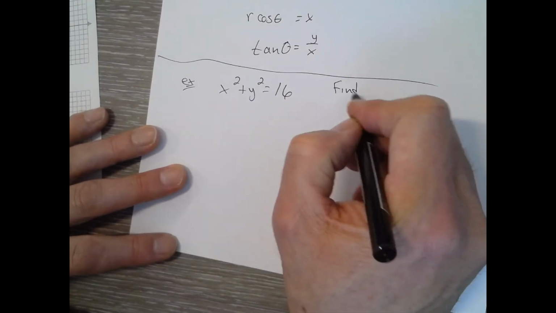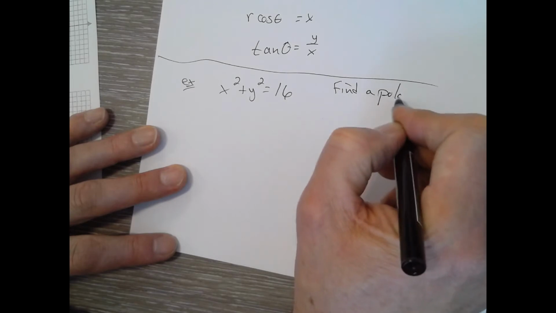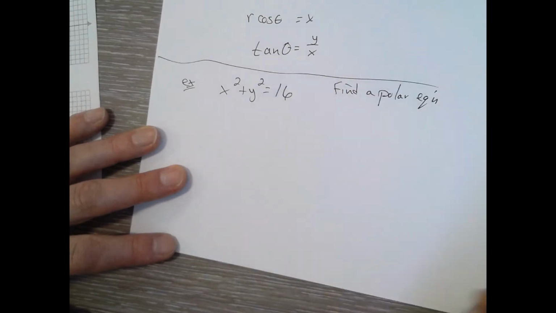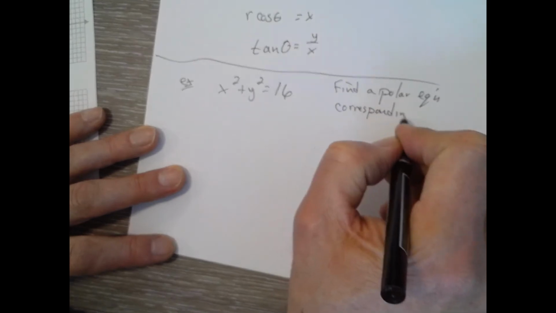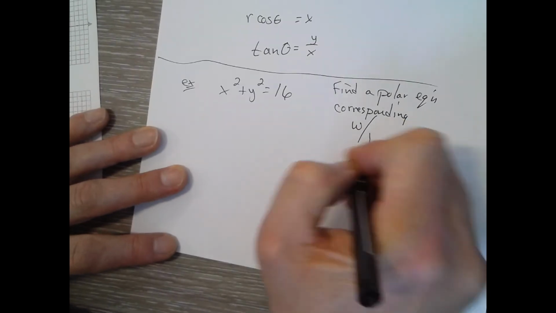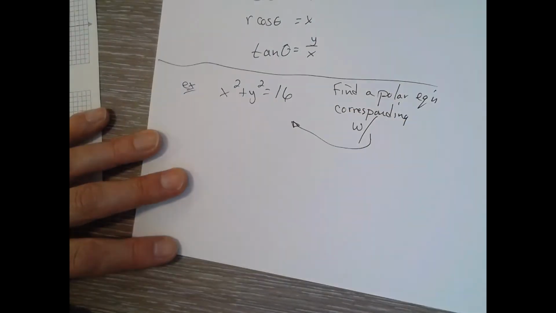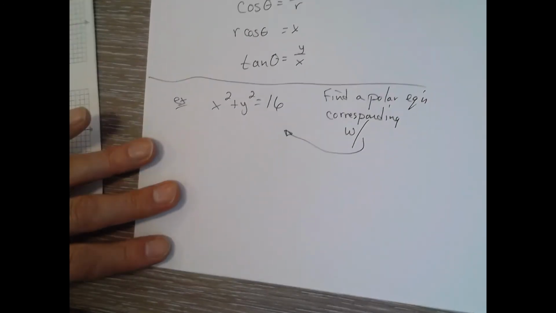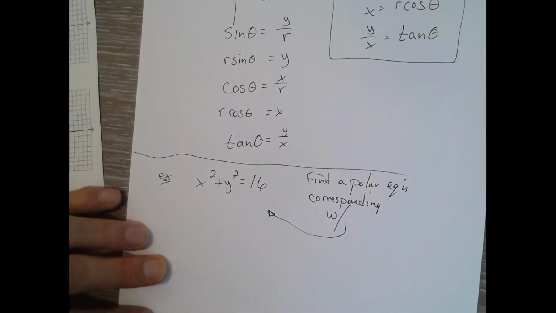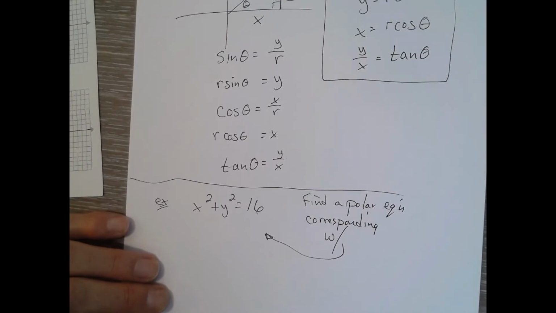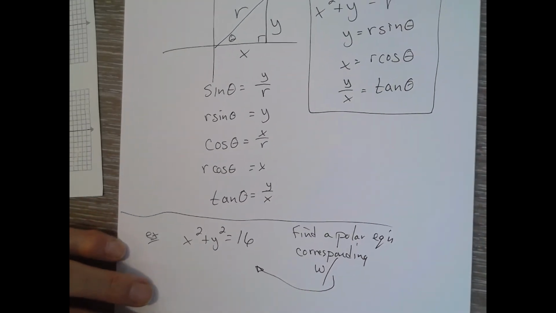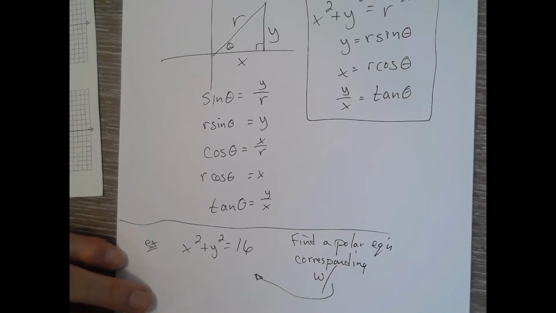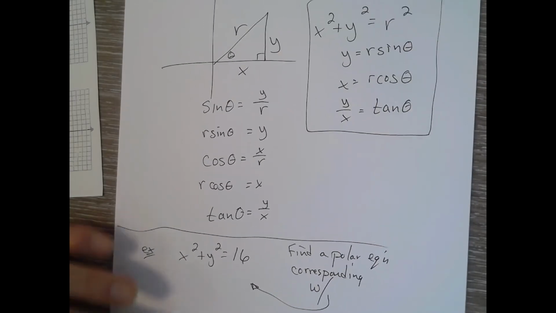Find a polar equation corresponding with the rectangular one. So if I have x squared plus y squared equals 16, I need to get rid of my x's and y's. I can only have r's and thetas. So how do I change x squared plus y squared equals 16?